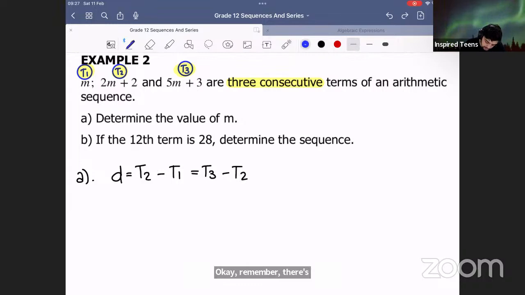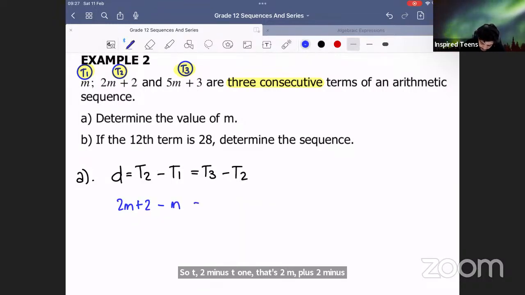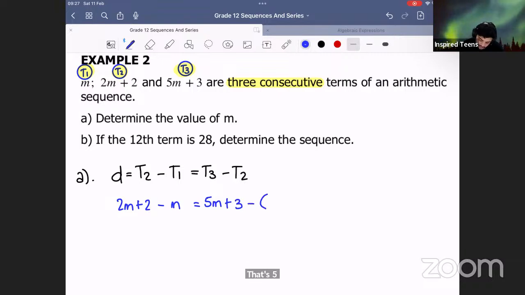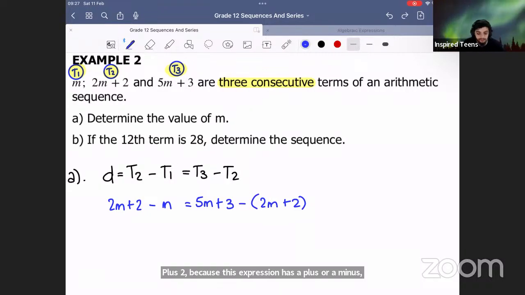So T2 minus T1, that's 2M plus 2 minus M. T3 minus T2, that's 5M plus 3 minus open brackets 2M plus 2. Because this expression has a plus or a minus and we are subtracting it, we have to use brackets because this negative is going to distribute inside.